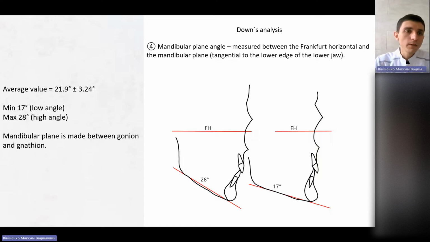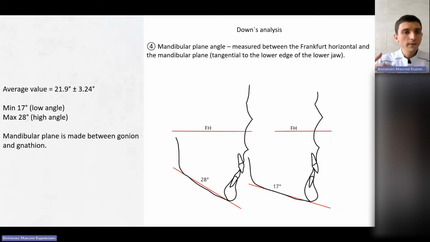For example, if the patient has a low angle, we shouldn't extract the premolars and molars during our orthodontic treatment. In orthopedic treatment, we don't need to make this angle lower because the patient has a low angle. Normally, we need to increase this angle a bit, to make the low angle a bit higher.